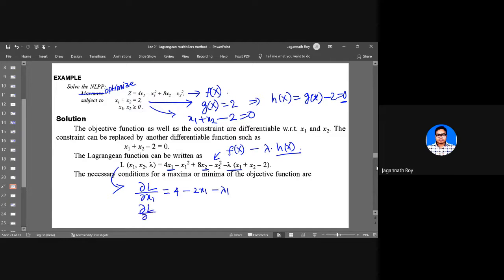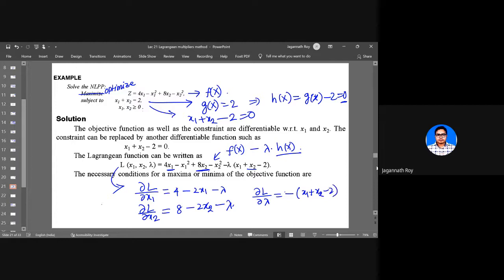Del L del x2 is 8 minus 2x2, minus again lambda. And then del L del lambda: lambda terms are not there, so it is the negative of x1 plus x2 minus 2.